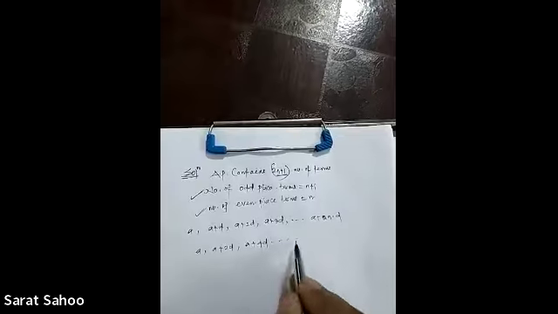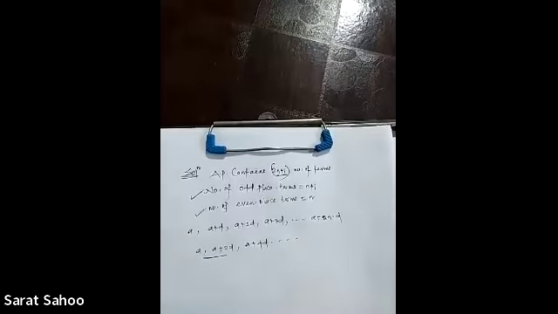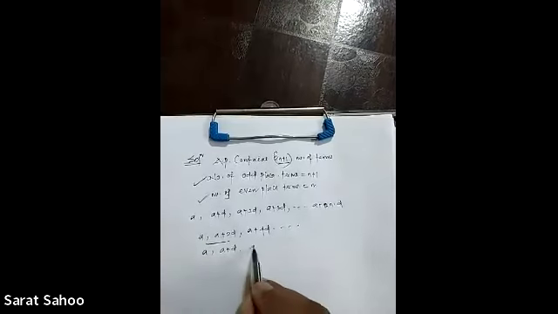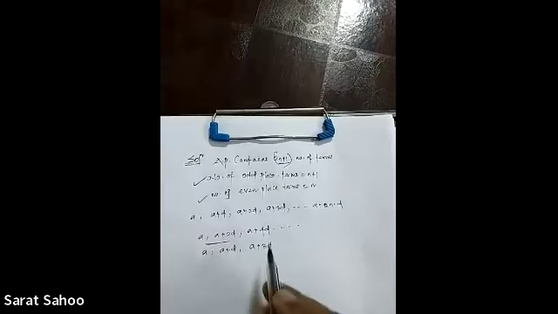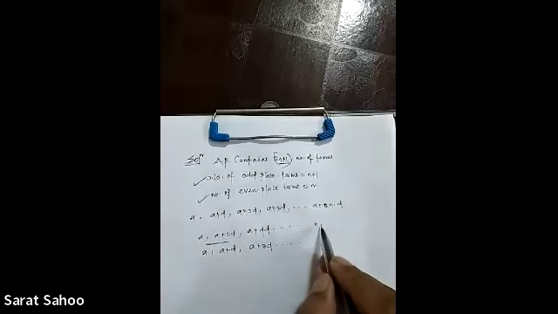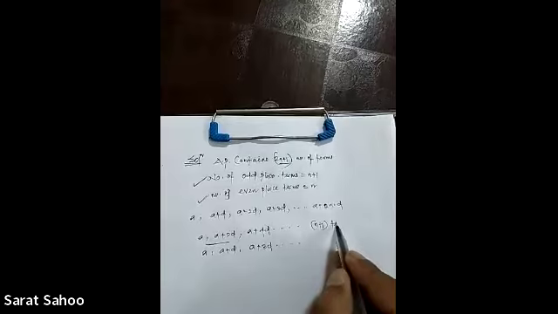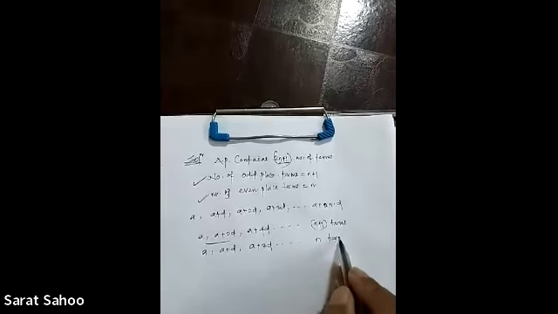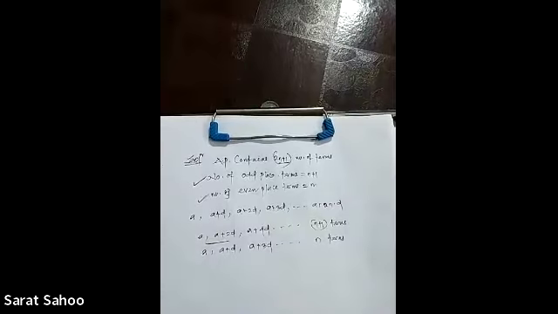Here the common difference is 2D. And even place terms are A plus D, A plus 3D. This is also an AP. This series contains n plus 1 terms, and this series contains n terms.